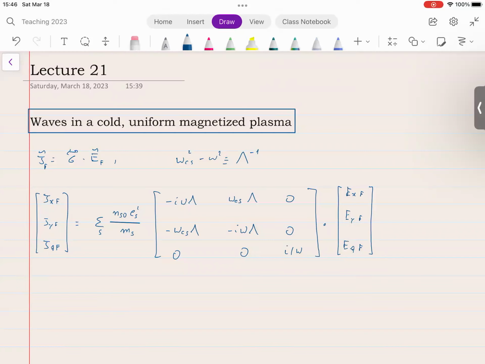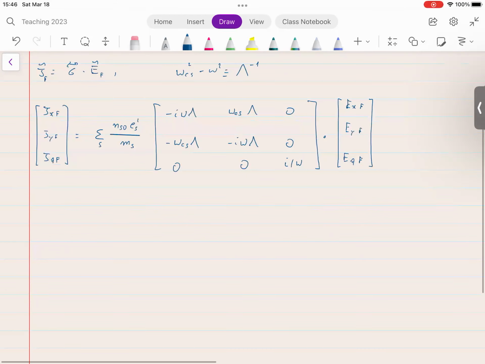Then looking back at the equations we wrote in the previous lectures, we can also define the electric tensor capital K, that's equal to the identity tensor minus, let's see, how do I want to write it? 1 over i omega epsilon naught sigma.